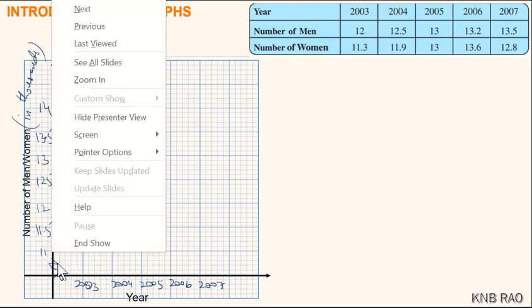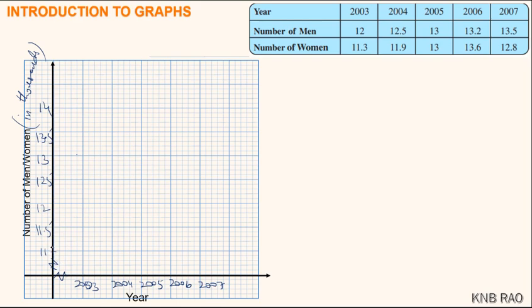So I can make now this as 11.1, 11.2, 11.3, 11.4 and 11.5. So I have chosen on vertical axis scale 5 subdivisions equals 0.5, or I will take 10 subdivisions as 1000.